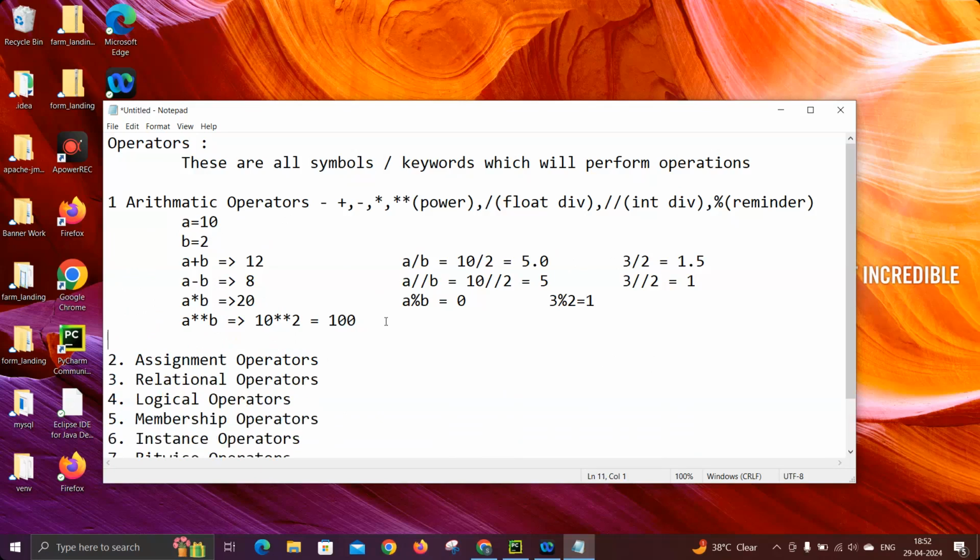If you have any doubts in arithmetic operators, please let me know. I will repeat. Otherwise, I will go to the assignment operators.